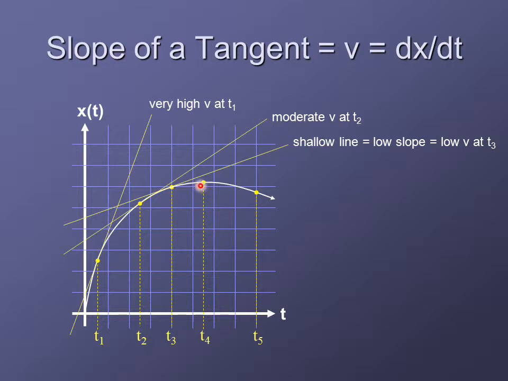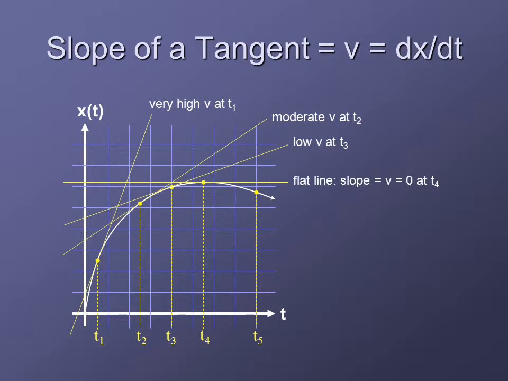Now, time point T4 here is kind of special, because when you draw the tangent line through here, you get a flat line, a perfectly horizontal line. And the slope of a horizontal line is 0. So we can say that the derivative, or the velocity, at this particular point, at T4, is 0.